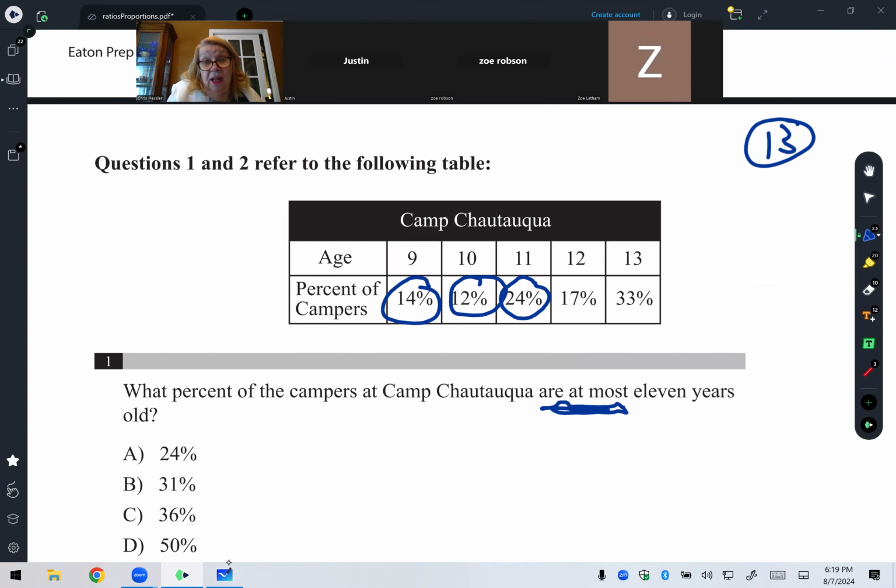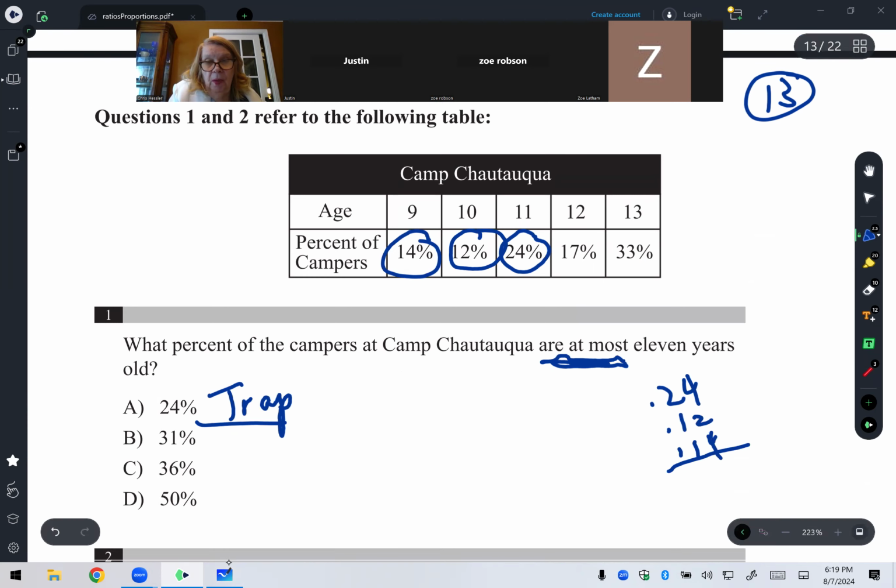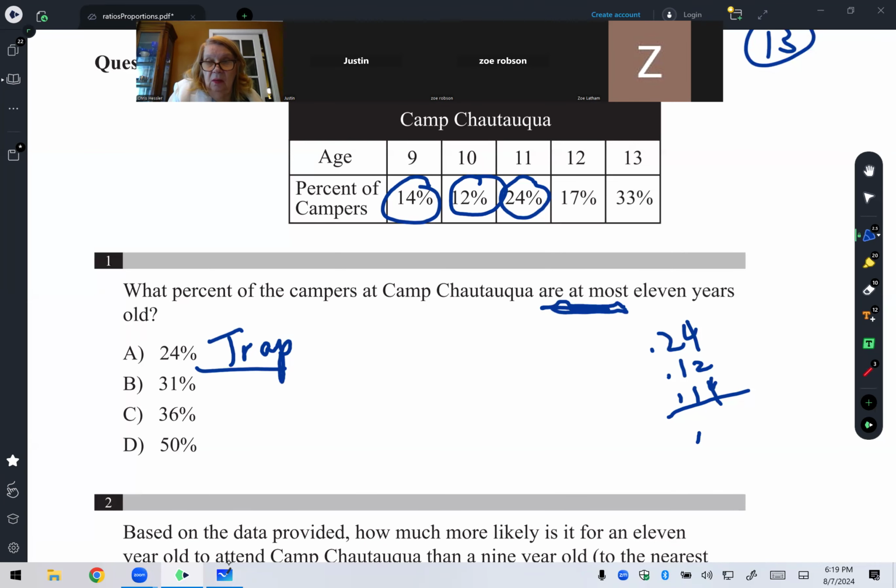So a lot of kids might put A. A is the trap lots of times. So we have to drop the percent: 0.24, 0.12, and 0.14, and we would get 0.50, which would be 50%.